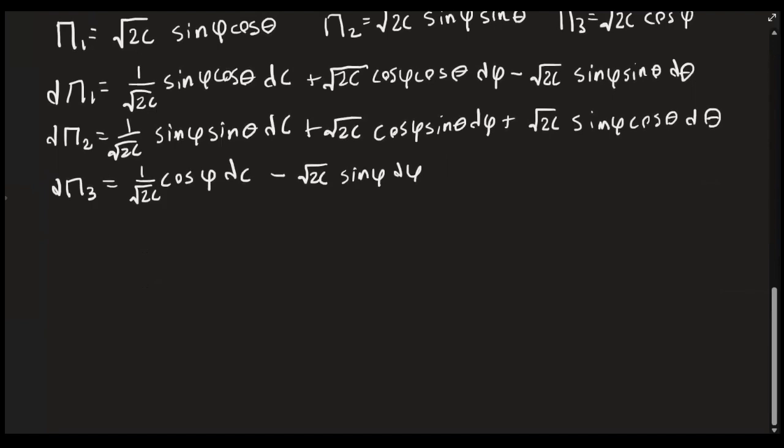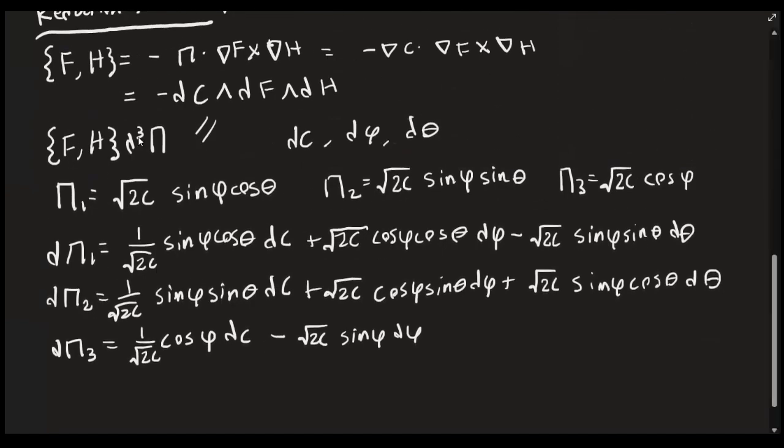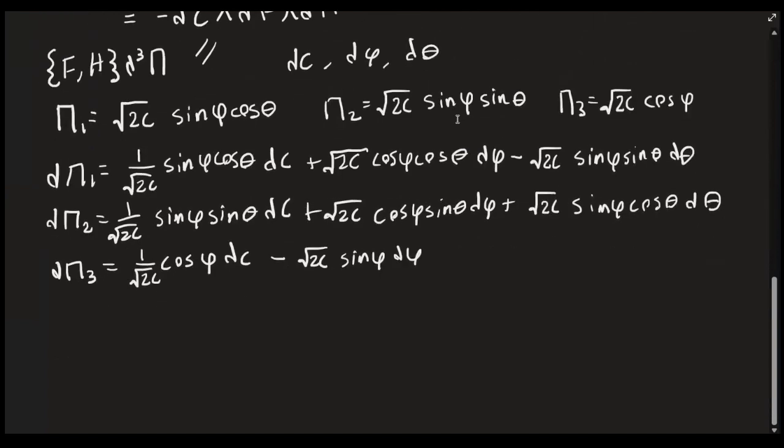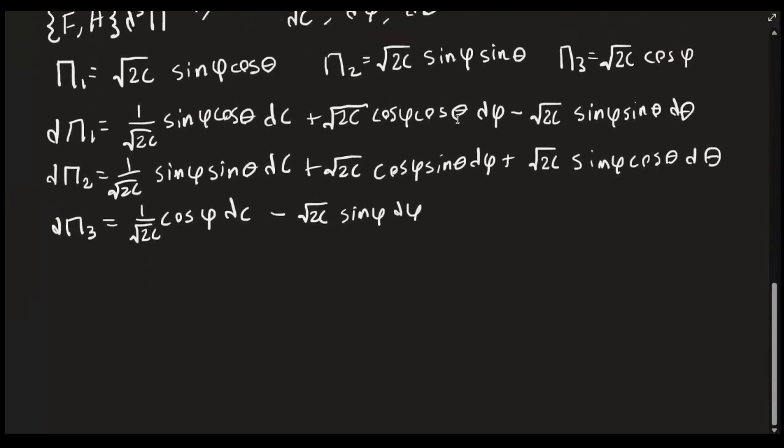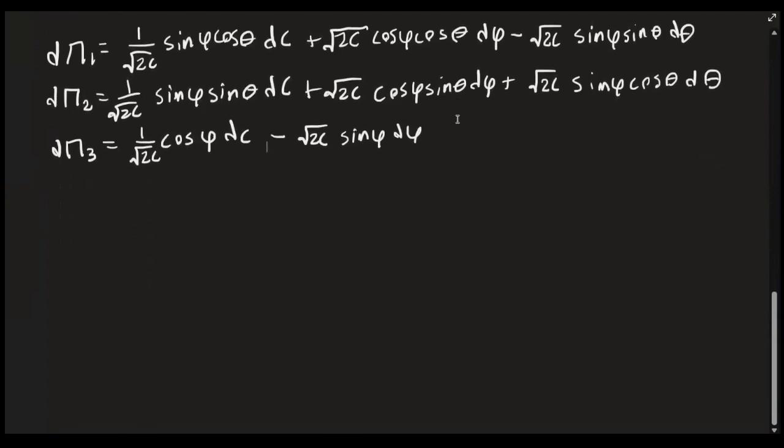So we just want to get our volume form back in terms of c, phi, and theta. Okay, so going to start calculating this, wedge this now. This is equal to, okay, so the c term dies because the wedge is antisymmetric.